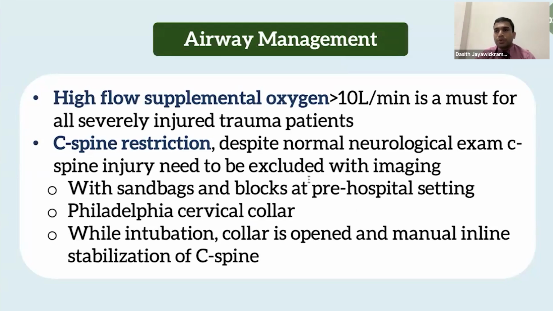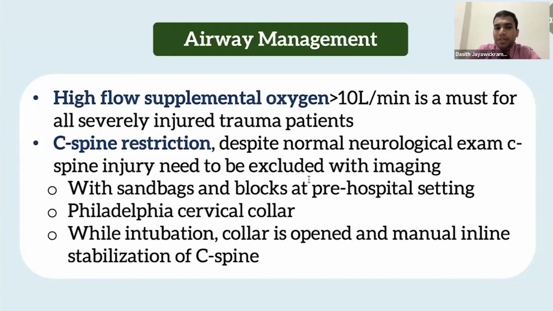First of all, give the patient oxygen. Now there's little oxygen going into the lungs, so we can supplement the patient by giving high flow oxygen, at least 10 liters per minute.